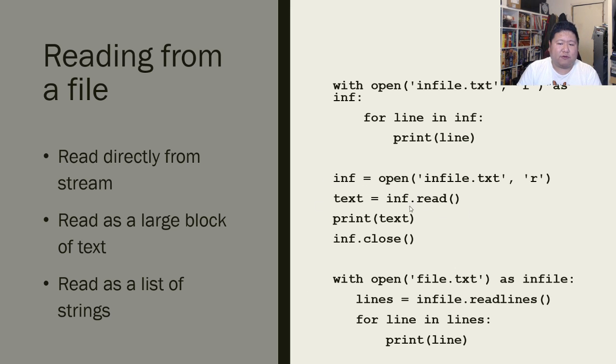Whatever file you've created, you can do .read, and that will allow you to read this entire thing in as one big block of text. If you were to print this out, it would give you a single string. So be aware that this reads everything as a single string. It's going to retain all your new lines and stuff like that, so just be aware of that if you want to break it up from there.